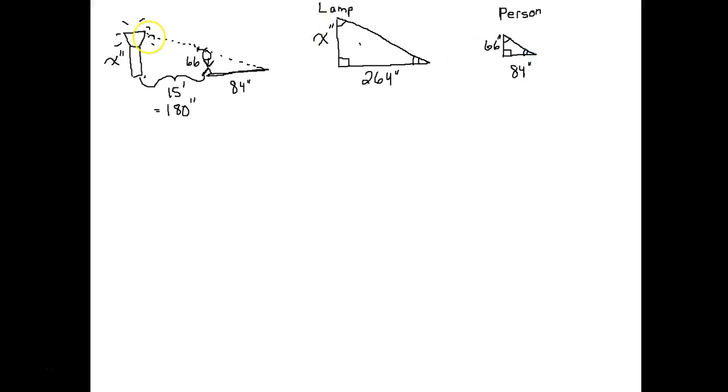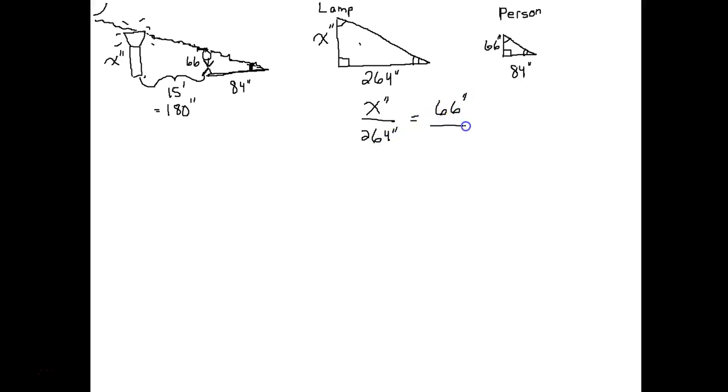Like if let's say the sun's up here and you're looking at the sun's rays coming down, if that ray was able to keep coming down, right here is the same angle regardless of whether you're talking about the lamppost or the person. So our corresponding angles are the same, which tells us that these two triangles are similar. Their sides are proportional. So we can set up a proportion to help us to find the missing measurement.